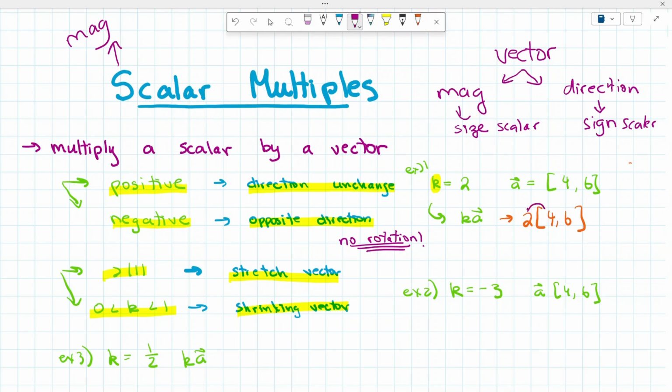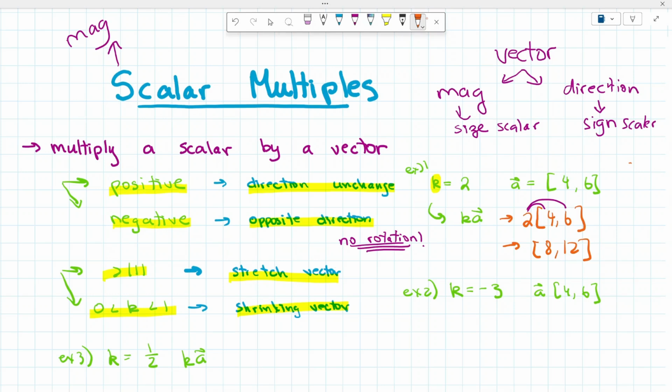You multiply the 2 to the 4 and the 2 to the 6. What do you get? You get (8, 12). So what happens here? k is positive, so the direction is unchanged, and k is bigger than 1, so it's stretching. That means the result of multiplying by the scalar is a larger vector in the same direction.